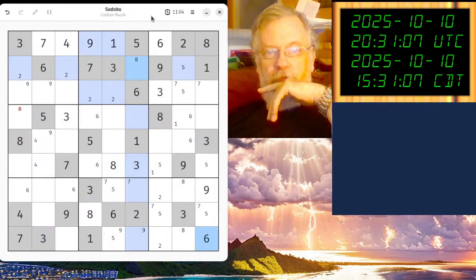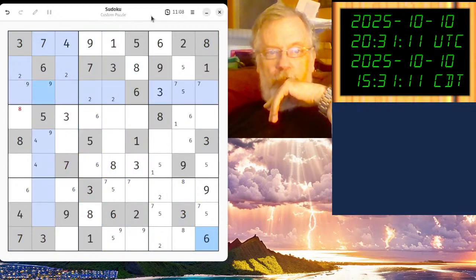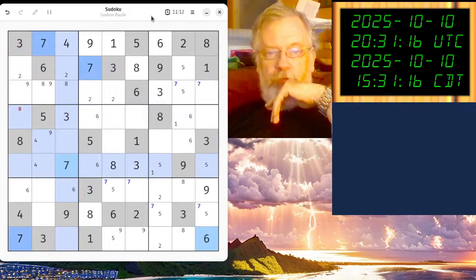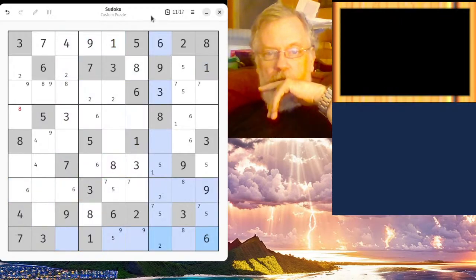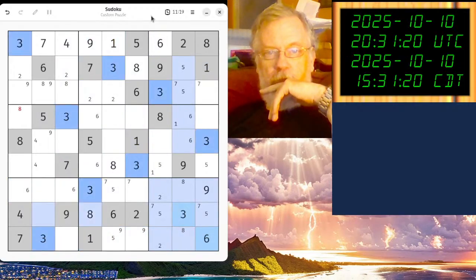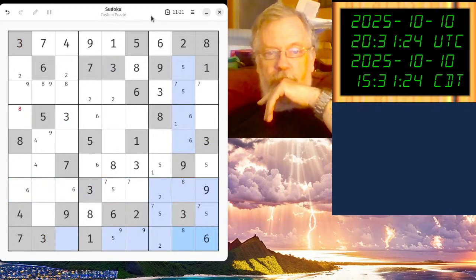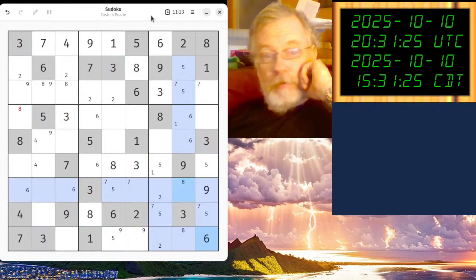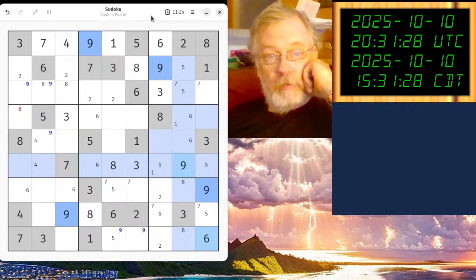That means that's an 8, which means one of these 2 is an 8. Still doesn't help down here. I've still got 3 possibilities. But 2 possibilities there. So let's look at 9s now. See if we get anything better with that.